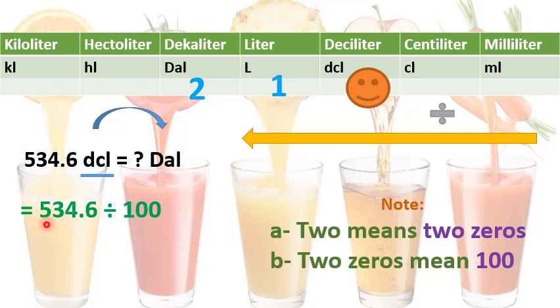The decimal point is supposed to go back to the left. How many places? Because we have 2 zeros, we're going to move the decimal point 2 places to the back. So this is 1 place, 2 places, and this is the answer. It's going to be 5.346 decaliters.